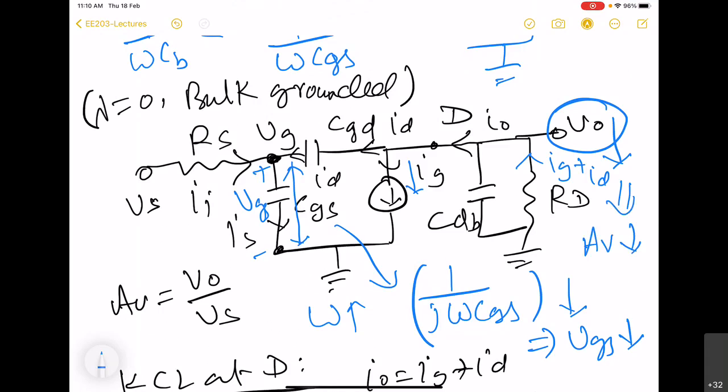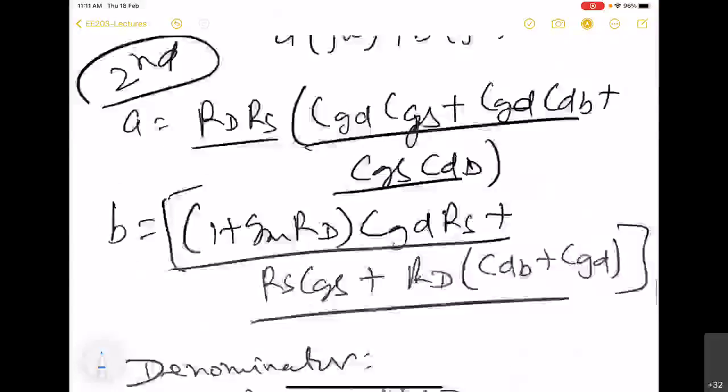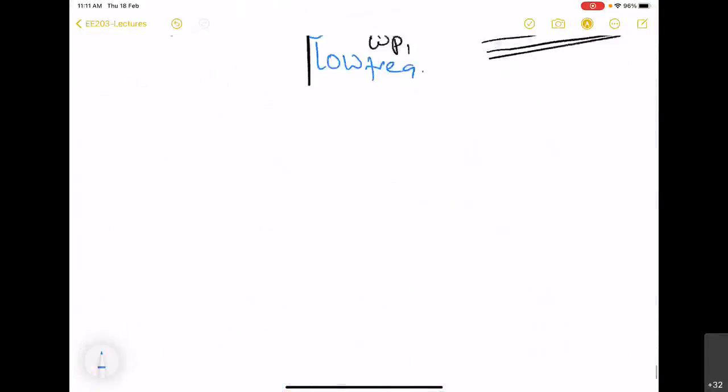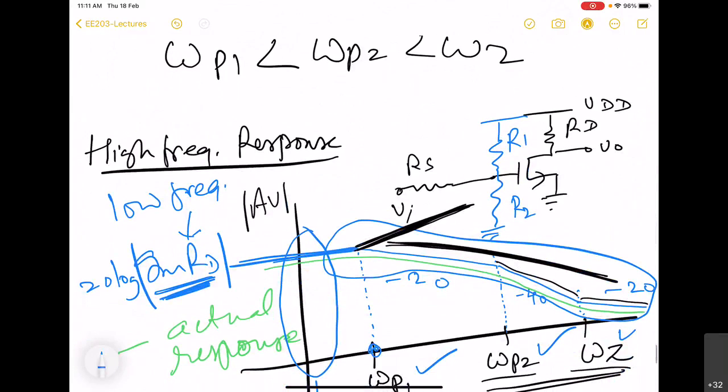So you see that the main reason why voltage gain in general will reduce when the frequency increases is because the impedance offered by the CGS capacitor is going to decrease, right? So from here you can now be sure that there will never be this kind of response. It will always be a decreasing kind of response. This is the kind of actual response that you will see. It will always decrease.